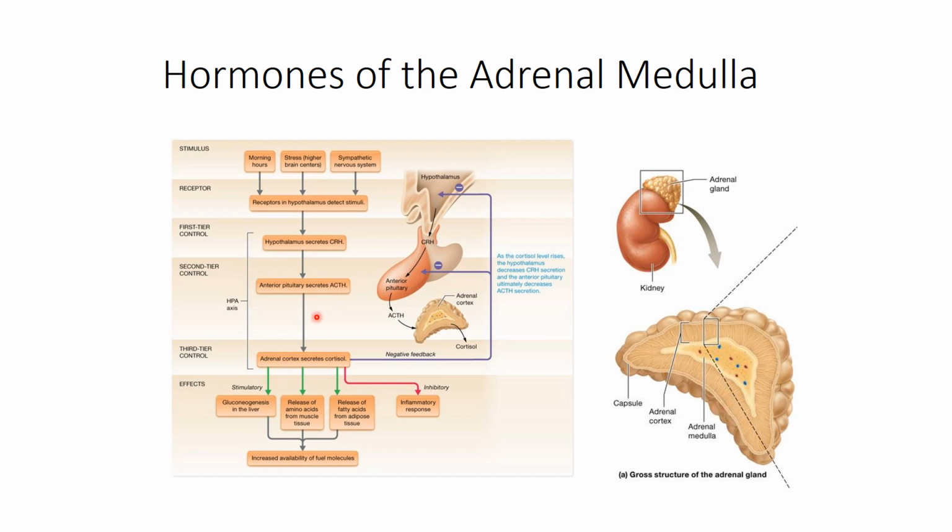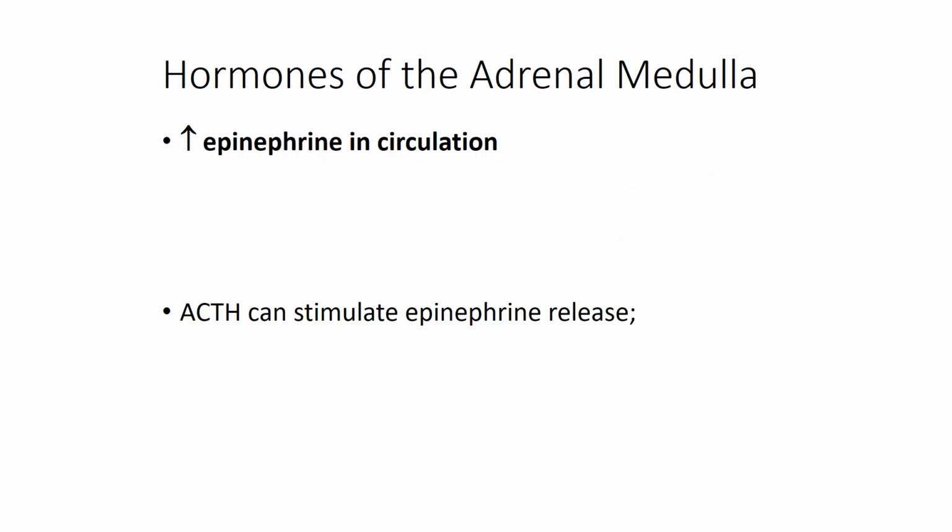Right here, in this little organization, the CRH, the hypothalamus, the anterior pituitary, and the adrenal gland are all a part of the HPA axis. H stands for hypothalamus, P stands for pituitary, A stands for adrenal gland, and then this is an axis. So it's a series of events that occur.